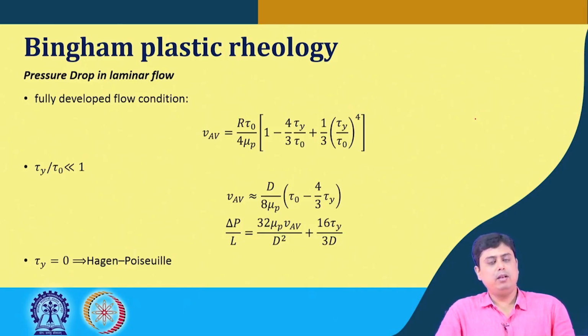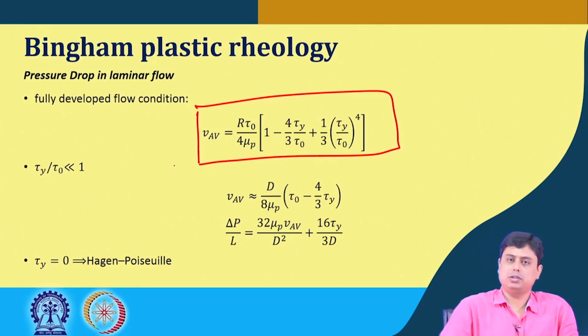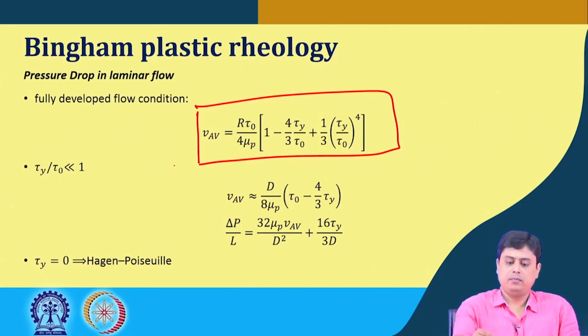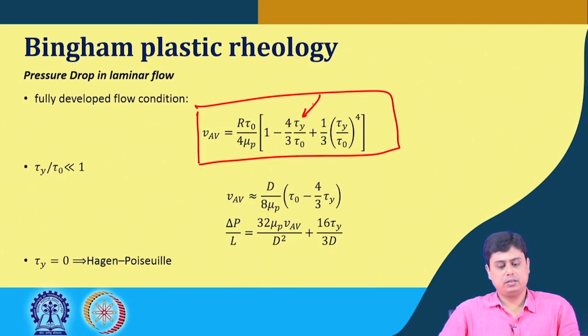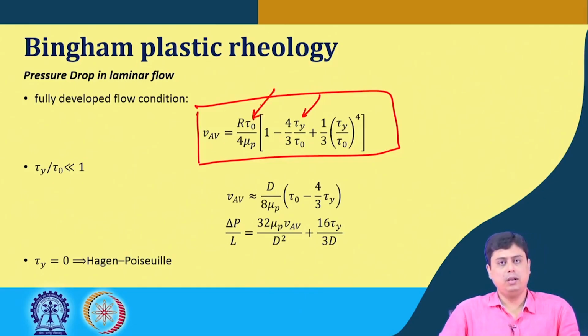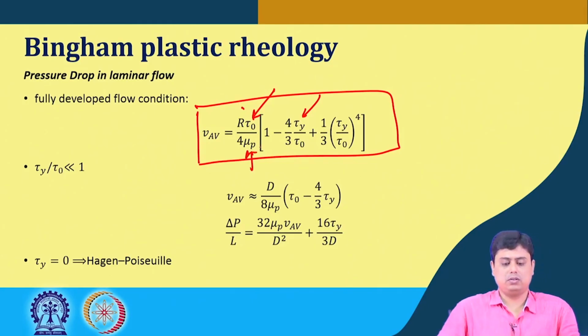In fully developed flow condition, it has been seen that the average velocity has this expression, where once again tau y is the yield stress, tau 0 is the shear stress at the wall, r is the radius of the pipe, and mu p is the plastic viscosity.